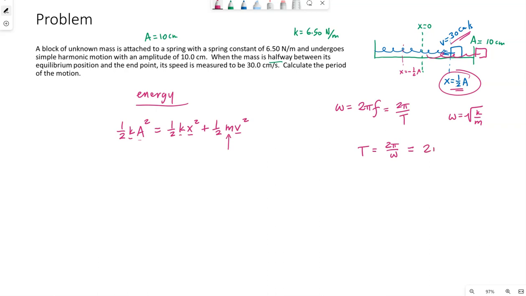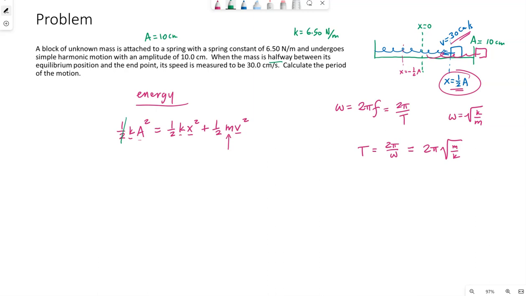So the period ends up being 2 pi times the square root of m over k. So we need the mass to determine this period. We already have the spring constant. And so this is why we need to find a way to find the mass. And that's how this energy will come in handy.